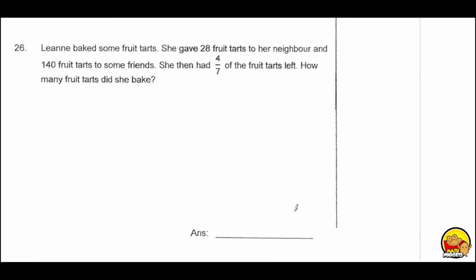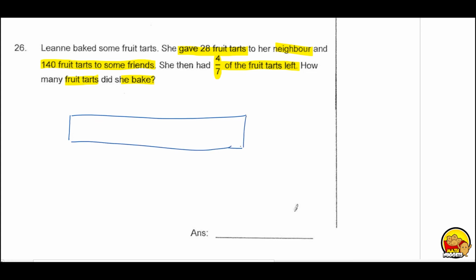Question 26. Leanne baked some fruit tarts. She gave 28 fruit tarts to her neighbor, 140 fruit tarts to her friends, and she had 4 out of 7 of the fruit tarts left over. How many fruit tarts did she bake? Now, since it says 4 out of 7, I'm just going to draw the model to understand the question better.